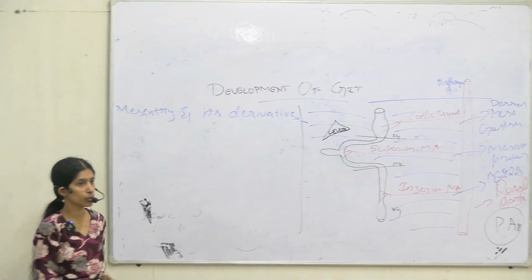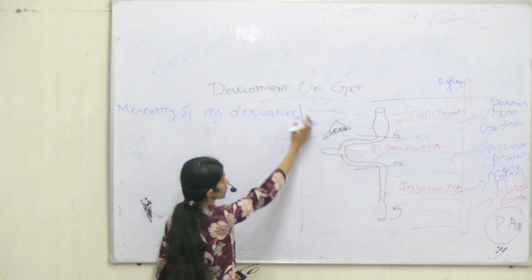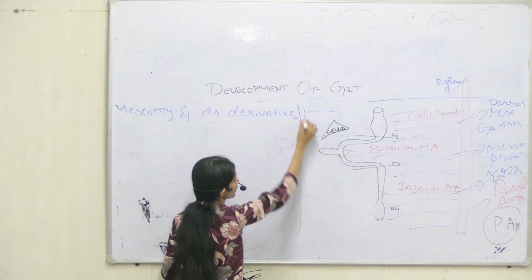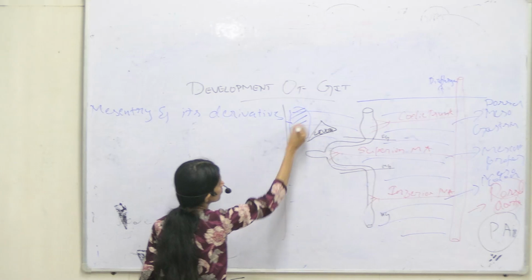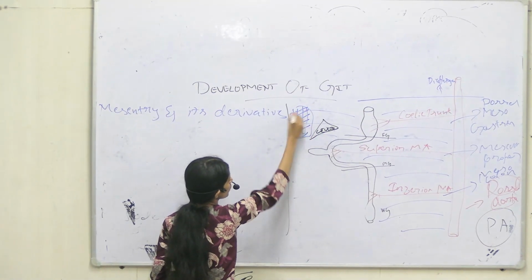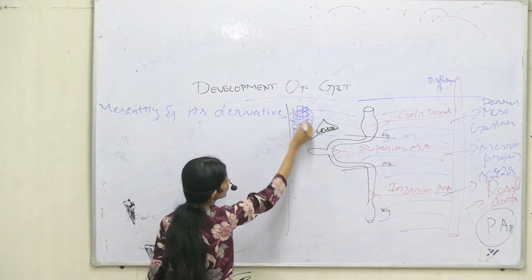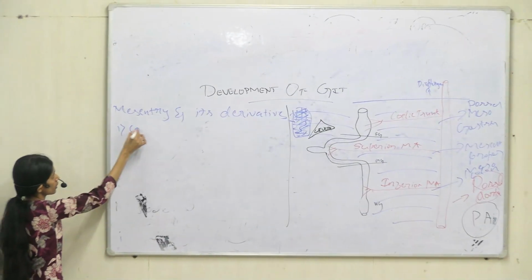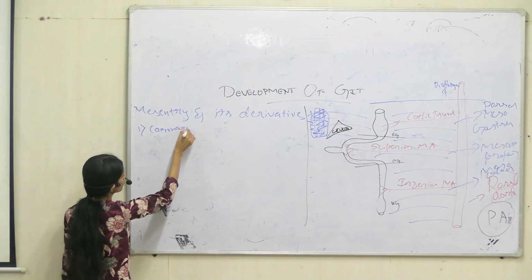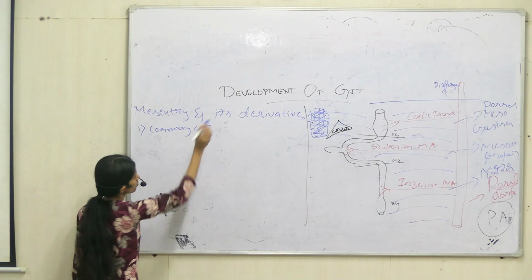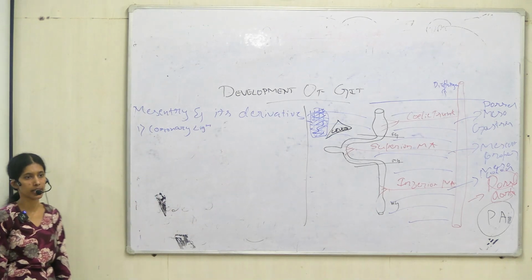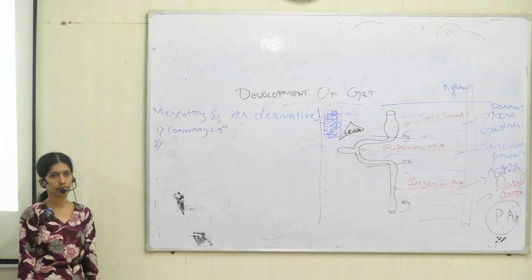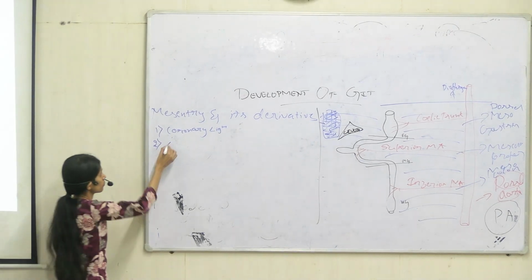the mesentery that is present between your anterior abdominal wall and the liver, that means this part, is going to develop as the coronary ligament. Next, triangular ligament.